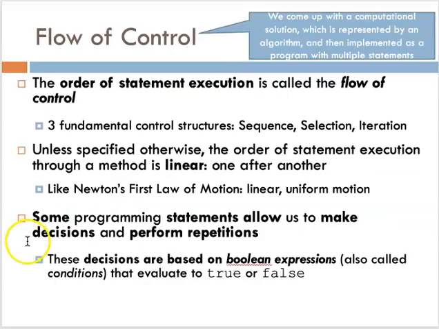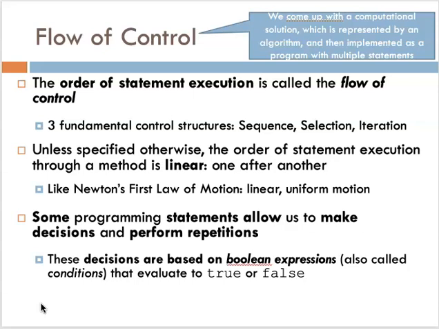And all of this changes the flow of control. So you know that we come up with these computational solutions. It's represented by our algorithm. In some sense, it's the implementation of our algorithm. Other times, the algorithm can represent that.